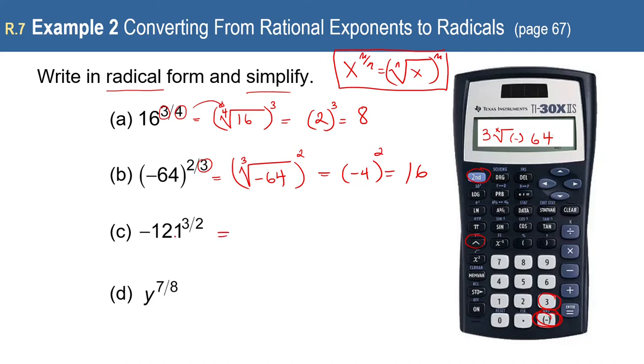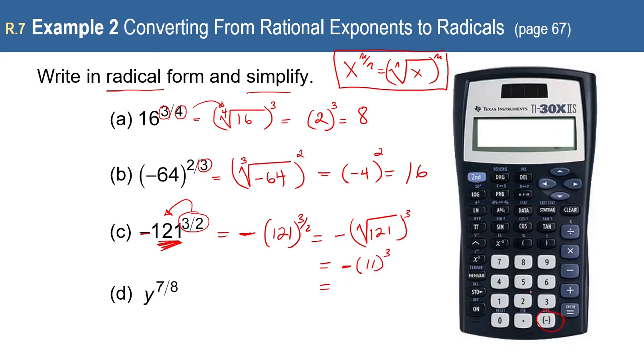For part C, notice that there's a negative on the outside, but it's not affected by that radical. That 3 over 2 only influences the 121. This is equivalent to negative 121 raised to the 3 halves. So I can change this to negative the square root of 121 cubed. We know the square root of 121 is 11. This is equivalent to negative 11 cubed.